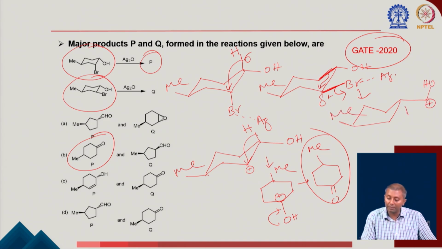So this will end up forming a 5-member ring with a methyl group, and again you can see clearly that the methyl is up and you have a corresponding CHO which is going to form here.